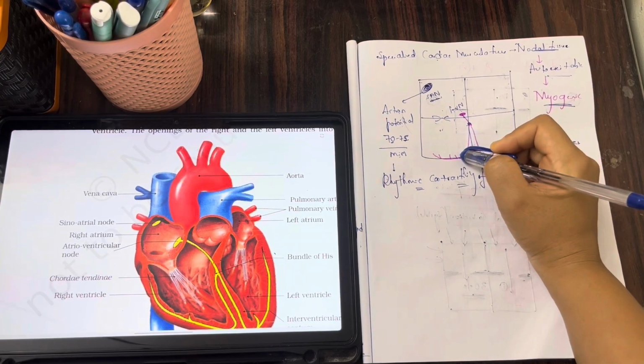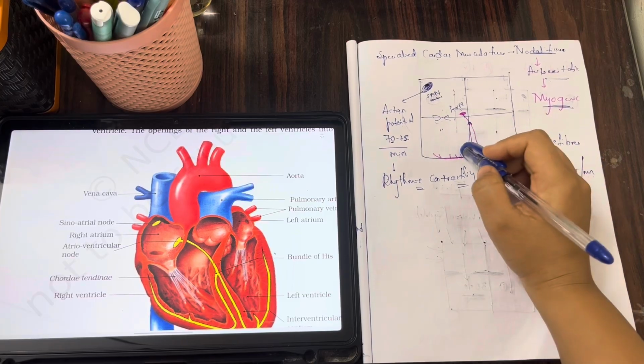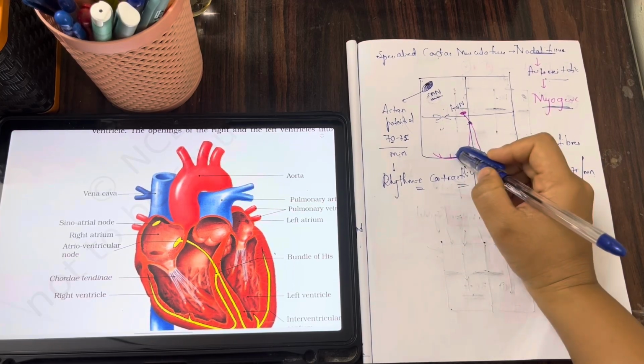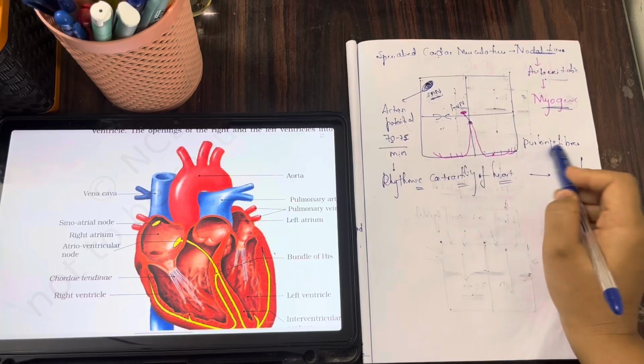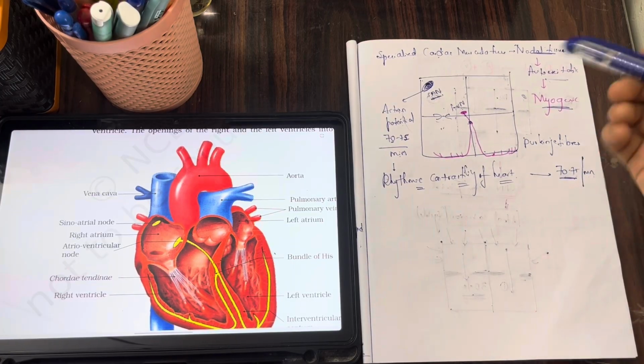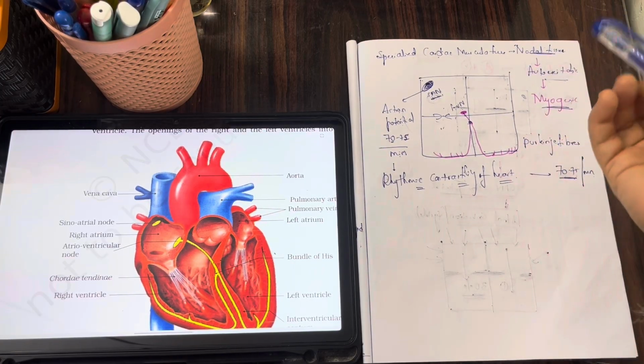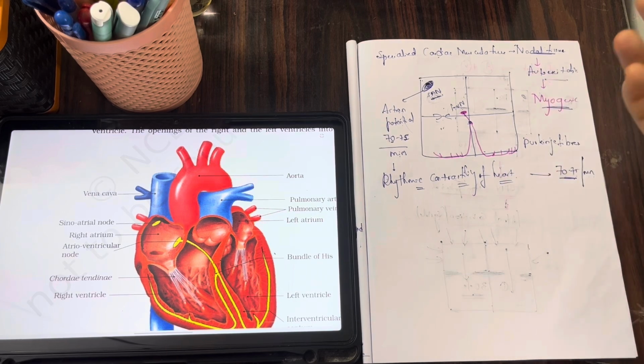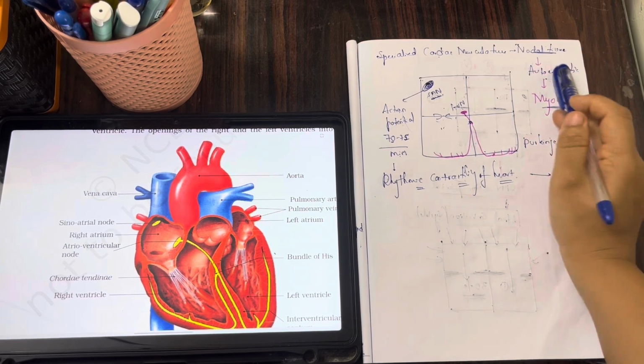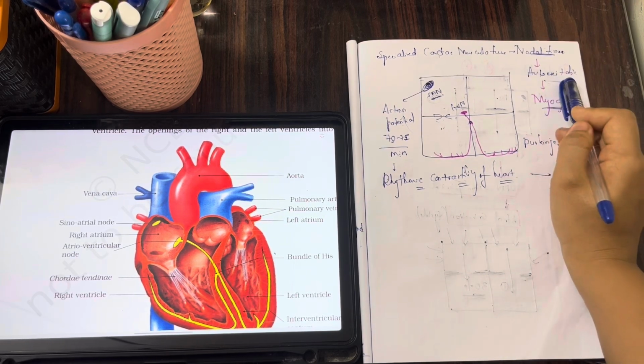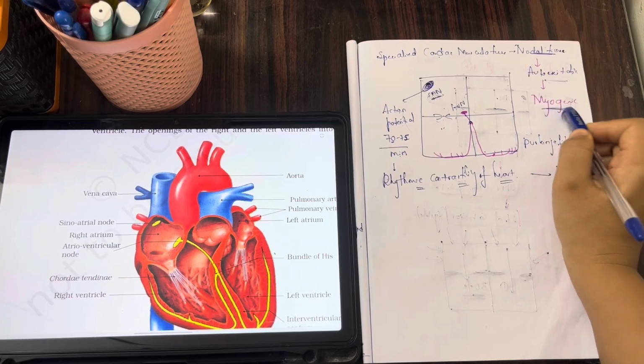Now it reaches down and at the end of the ventricles, it gives out small fibers which are called Purkinje fibers. And this tissue is under self-control. It need not have any external control. So it is called auto-excitable, and hence it is called myogenic.